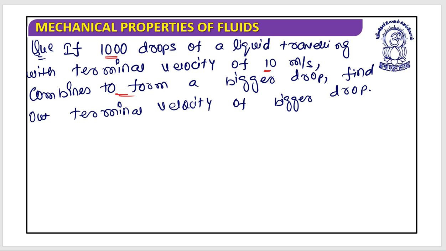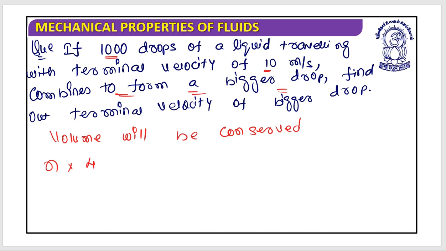So when they combine to form a bigger drop, their volume will be conserved. When I say volume will be conserved, I mean that n number of drops, each having the volume of 4 by 3 pi r cube, would be equal to a bigger drop, 4 by 3 pi into R cube.